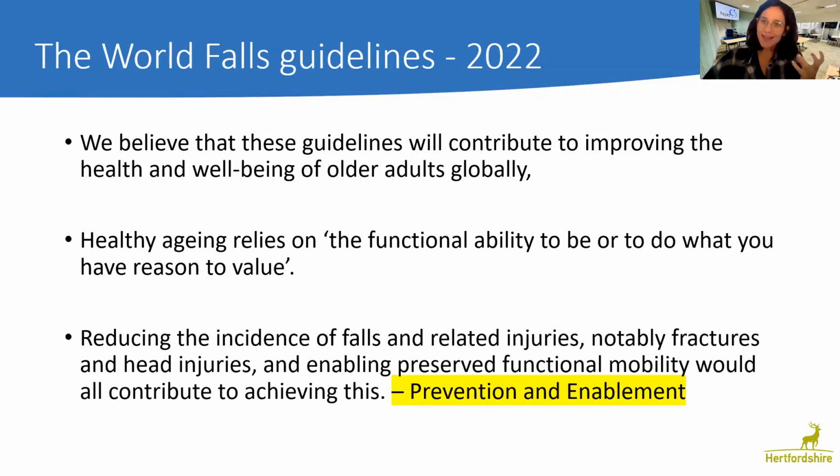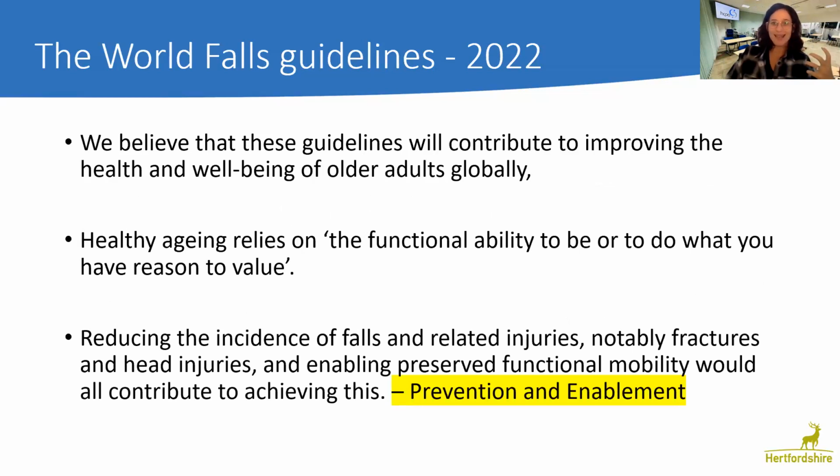What all of these people that have come together and written the guidelines say is that they believe these guidelines will contribute to improving the health and well-being of older adults globally. Healthy aging is really important because that's going to link to frailty, which we're going to touch on towards the end of the session. Healthy aging relies on the functional ability to be or to do what you have reason to value.